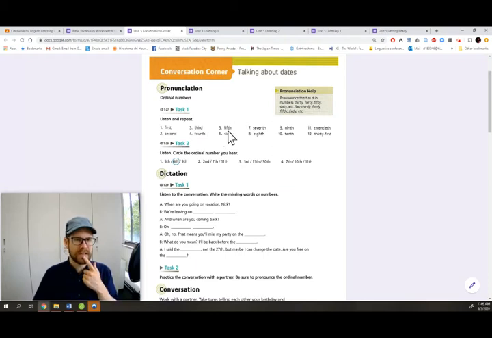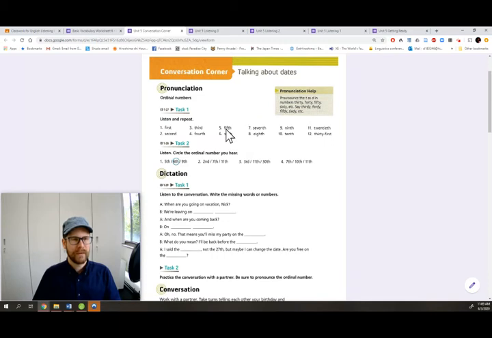So remember the TH sound. Make sure you have your tongue touching your teeth. Fifth, sixth, seventh, eighth, ninth, 10th, 11th, 12th. So you should be able to see your tongue touching your teeth to make the TH sound. If you can't see your tongue, you are probably not pronouncing it right.